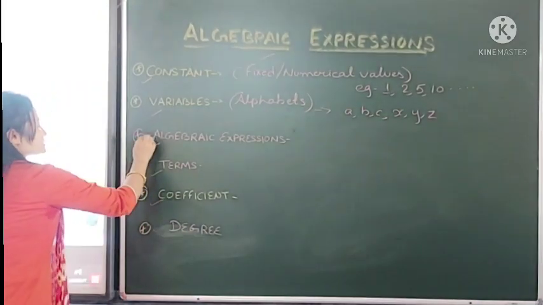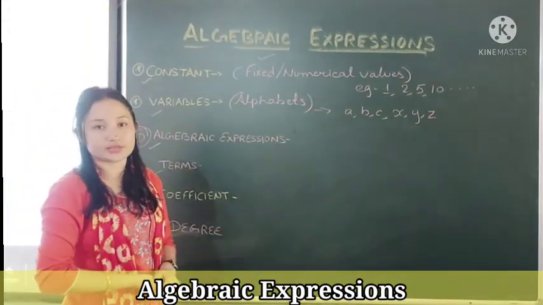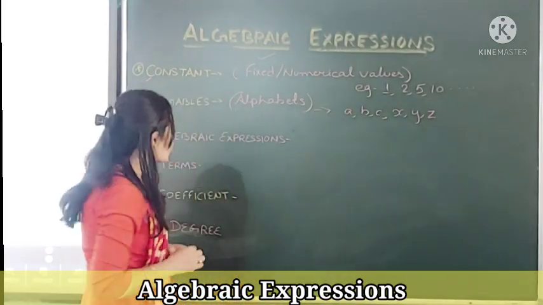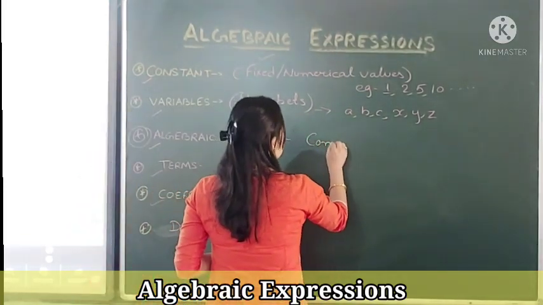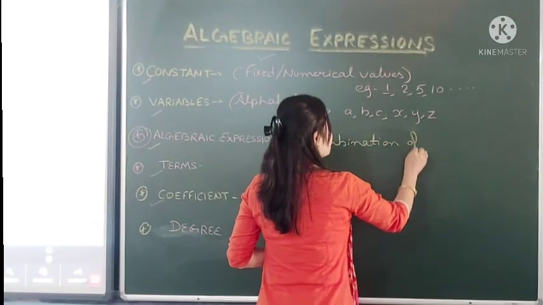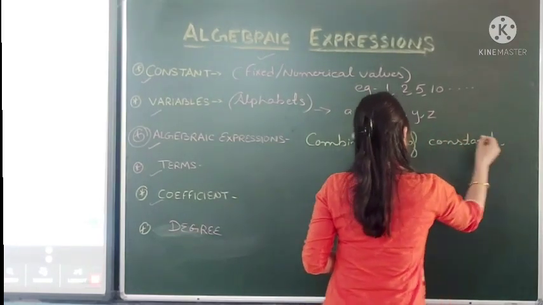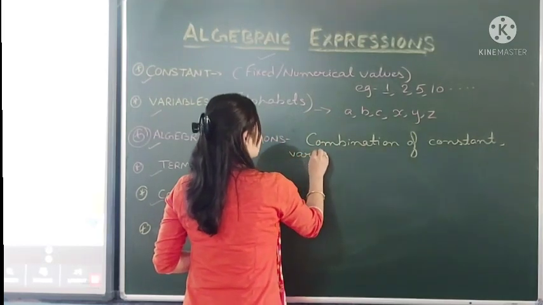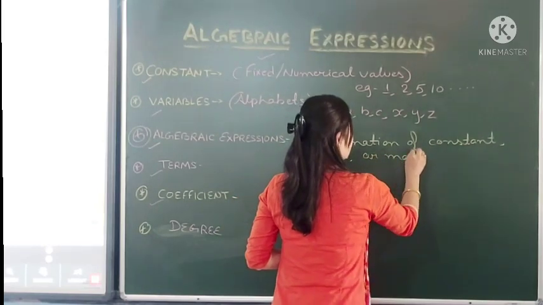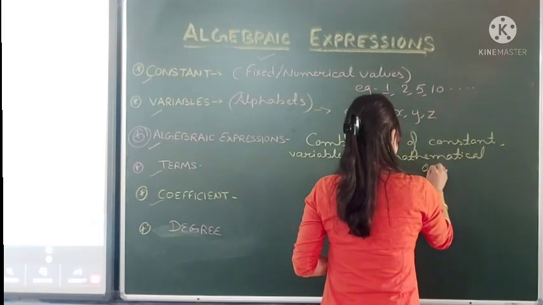So now the third one, it is the most important one, algebraic expression, because as the topic name is algebraic expression, it is very important to know what an algebraic expression is. So an algebraic expression is nothing but a combination of constants, variables and mathematical operations.